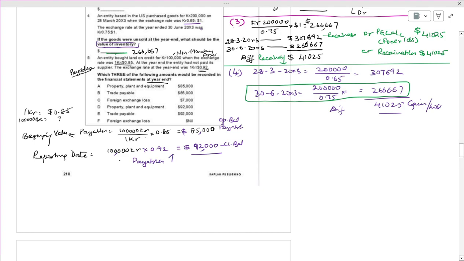Payables increasing means it is a loss. Fine? It goes to the profit and loss account. Now, tell me what the answers are.